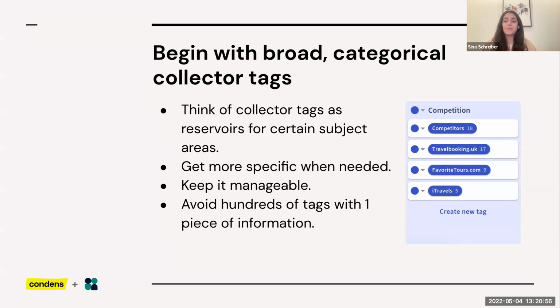And then when you have research data already in there and collected some information within that bucket, you can take a step back and use that to reflect on what you really need or how you want to evolve your taxonomy.